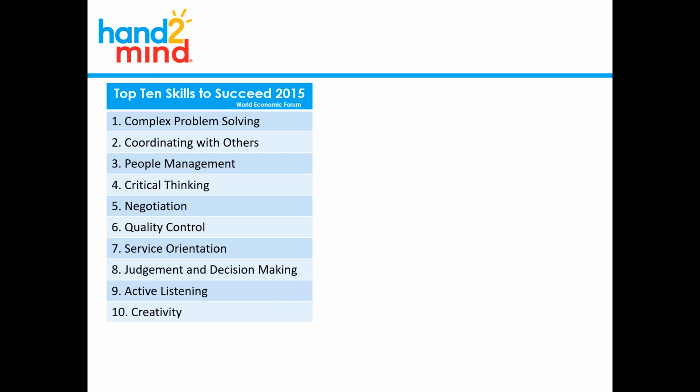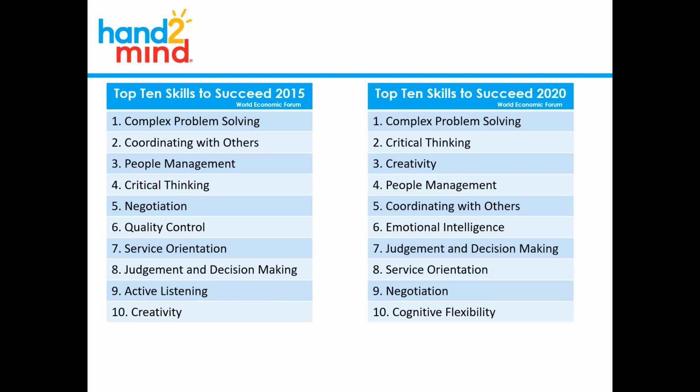And number 10 is creativity. But what I think is interesting is the World Economic Forum has already come out with the top 10 skills to succeed in 2020. And really, number 1 is still complex problem solving, but look where critical thinking and creativity have landed.